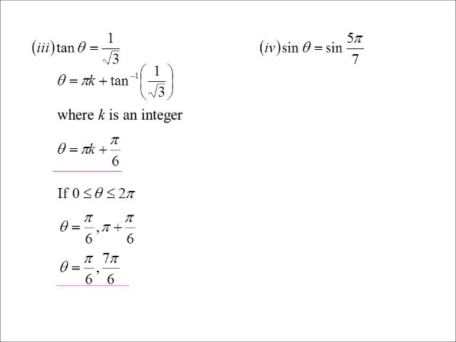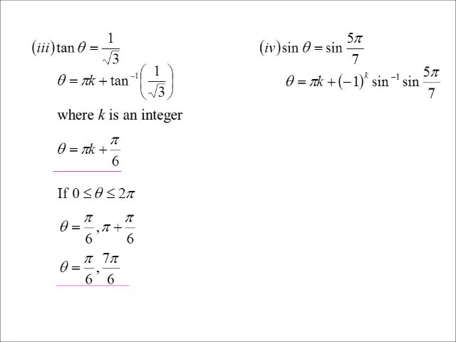So we generalise it. Pi k plus minus 1 to the power of k, inverse sine of sine 5 pi on 7. But inverse sine of sine 5 pi on 7 is not 5 pi on 7. That's right, because 5 pi on 7 is an obtuse angle, but inverse sine can only give us acute or minus acute.